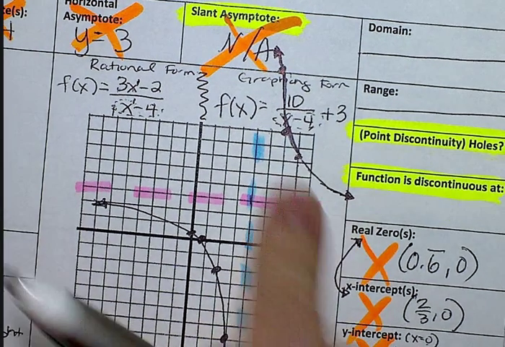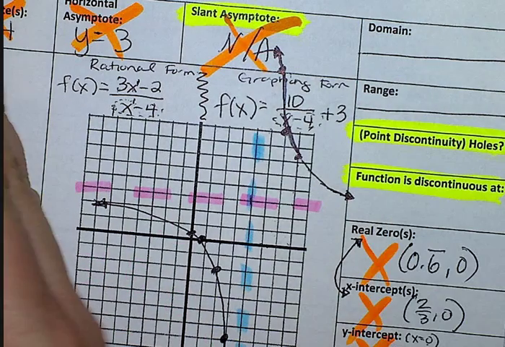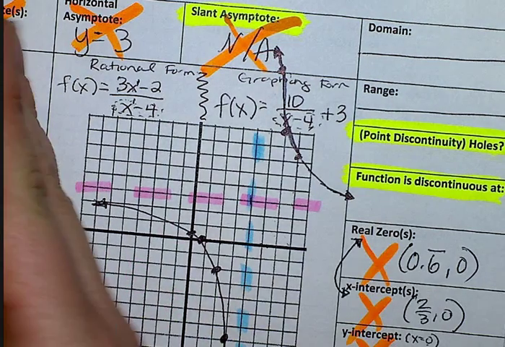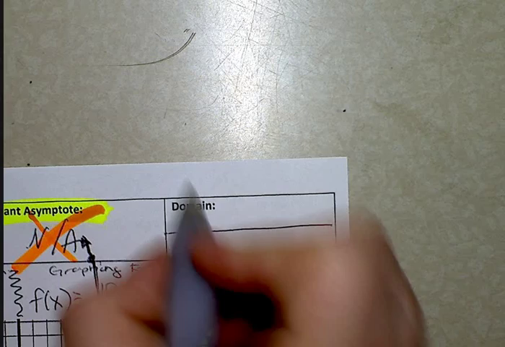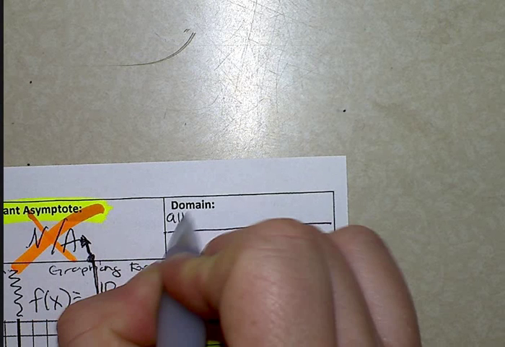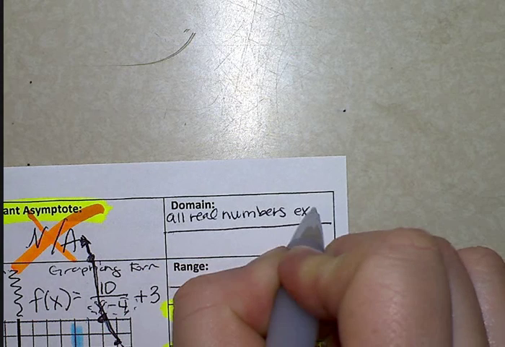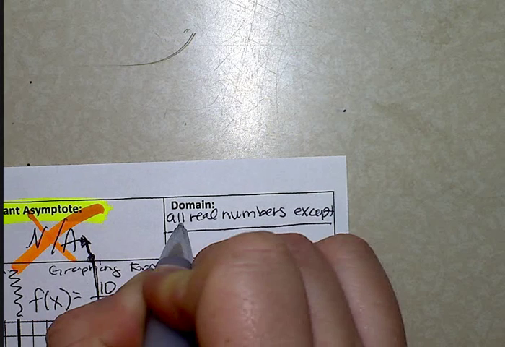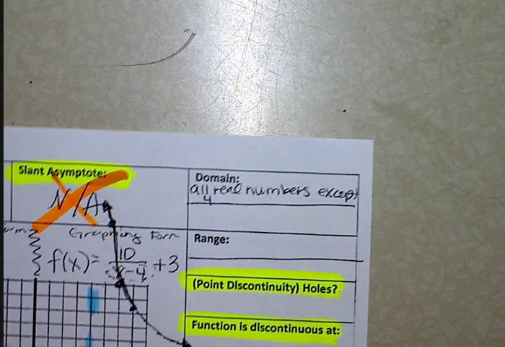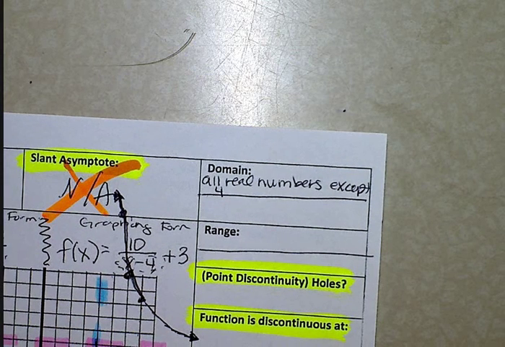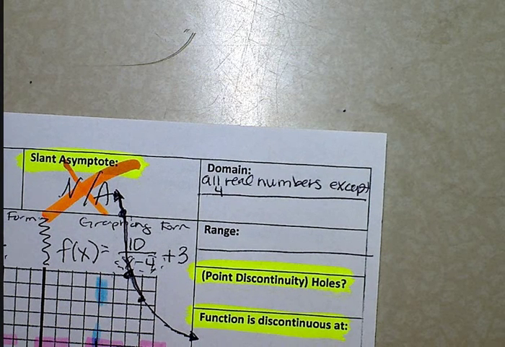Okay, blue going left and right. What is the value of the blue line? 4. So all real numbers except 4. Now, how do we write that mathematically using interval notation?